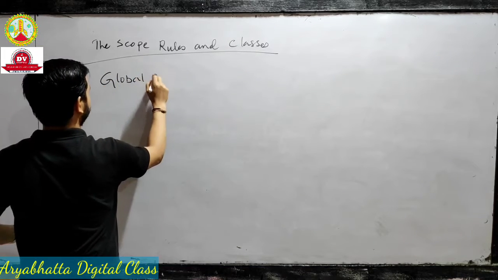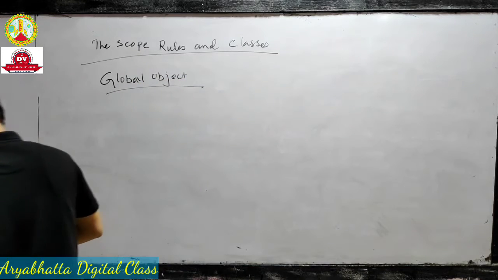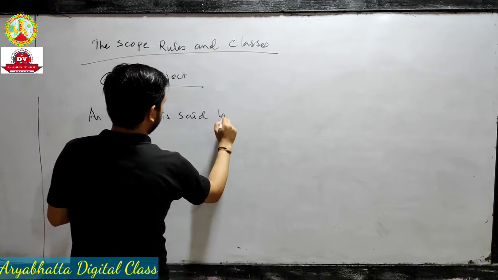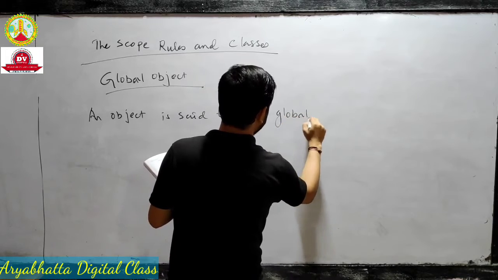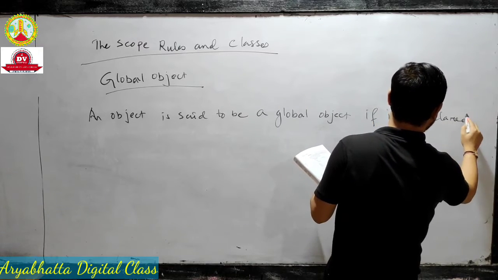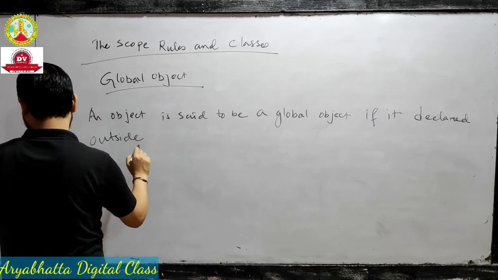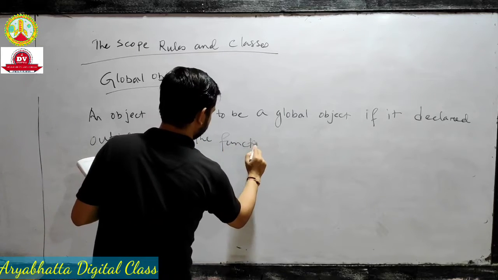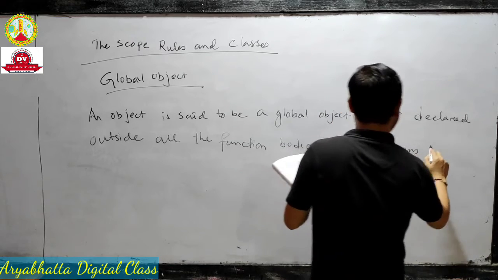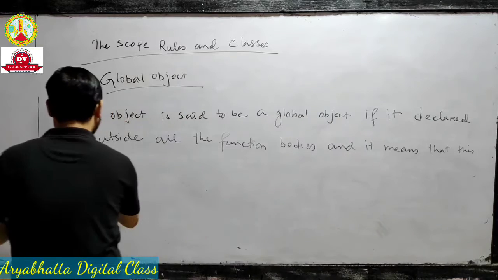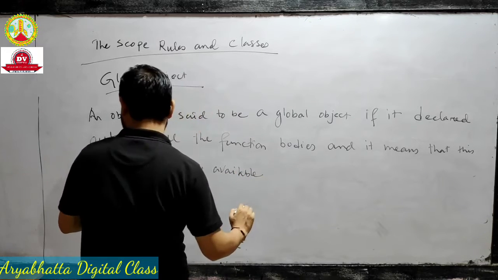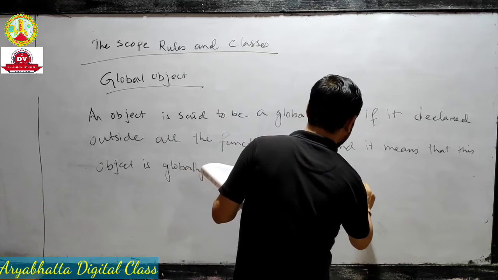Next one is global object. An object is said to be a global object if it is declared outside all the function bodies, and it means that this object is globally available to all functions.